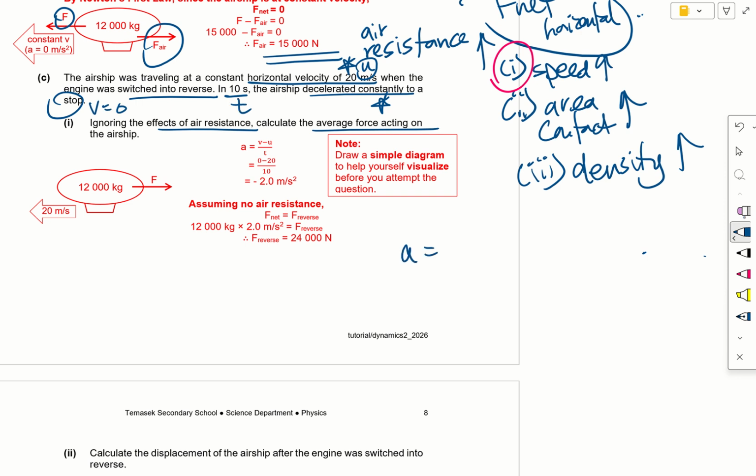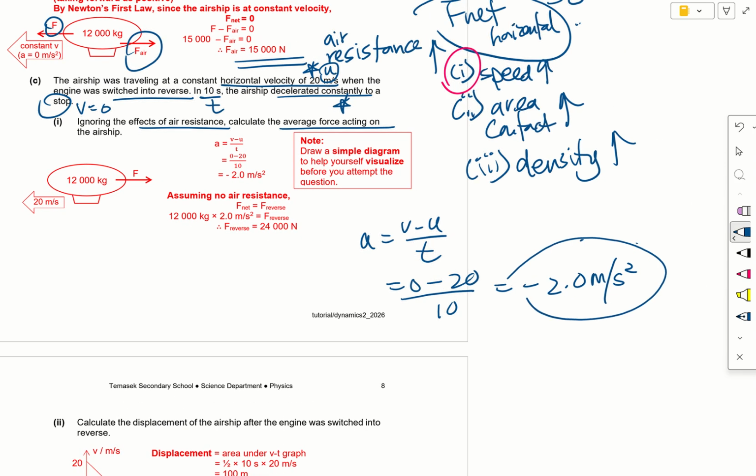So again, I can calculate my acceleration or deceleration. So final is 0, initial is 20 over a period of 10 seconds. So I'll get minus 2.0 meter per second square. Okay, so now there is actually a deceleration of 2 meter per second square, right?